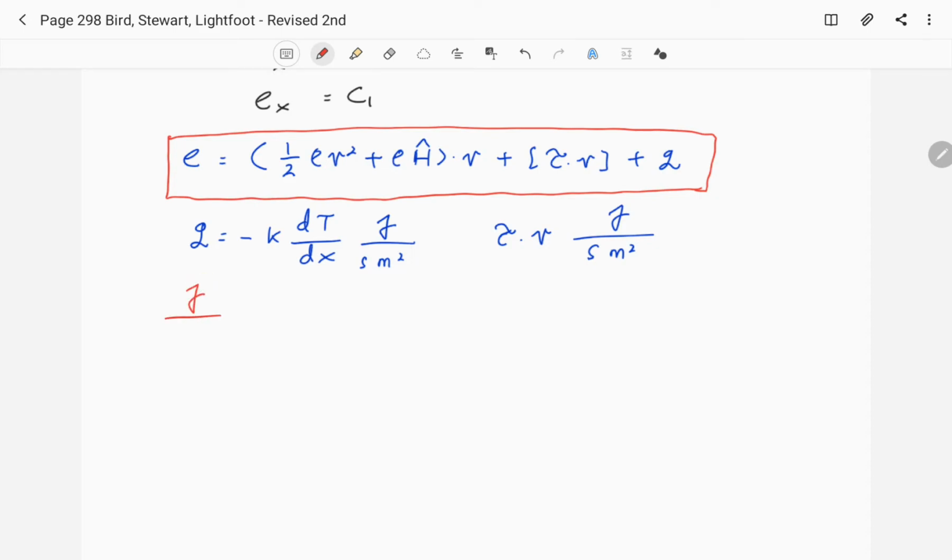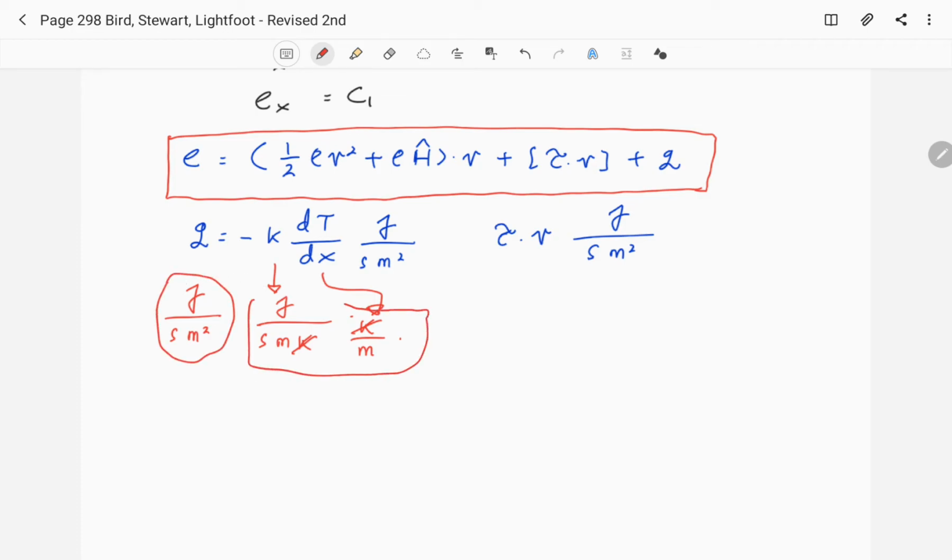The unit for q should be joule per second meter square, and then your K in here has a unit of joule per second meter Kelvin, and your dT per dx should have a unit of Kelvin per meter, so that this one can cancel with each other. Then you essentially have the same unit on the left hand side and the right hand side. It's very important for you to make sure that this is the case for everything.